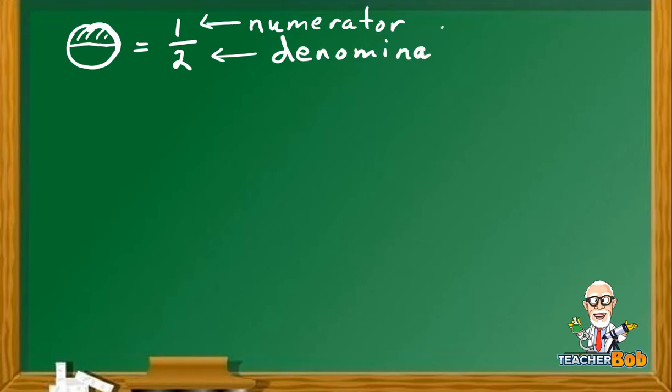And the denominator tells us how many parts the whole has been divided into. So in this case, we have one part shaded, and that's our numerator. That's on the top of the fraction. And the denominator tells us how many parts the entire whole circle has been divided into.